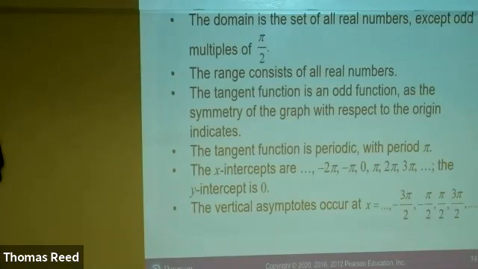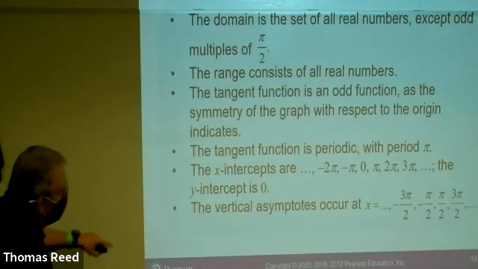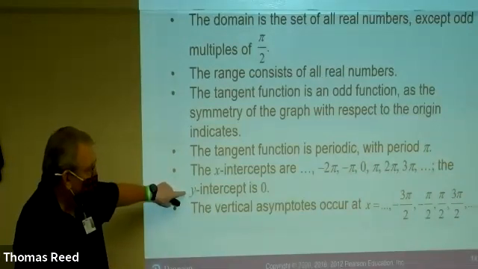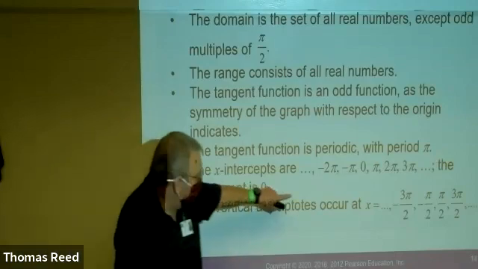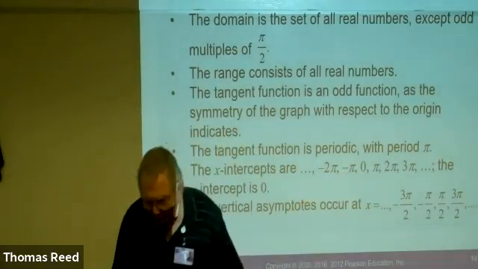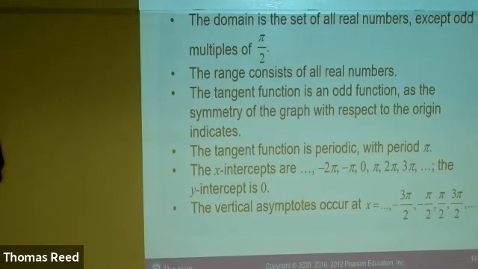So we have a vertical asymptote at those values. And the x-intercepts are multiples of pi. And the y-intercept is 0, which is also one of the x-intercepts. So the point (0, 0) is both an x and y intercept.